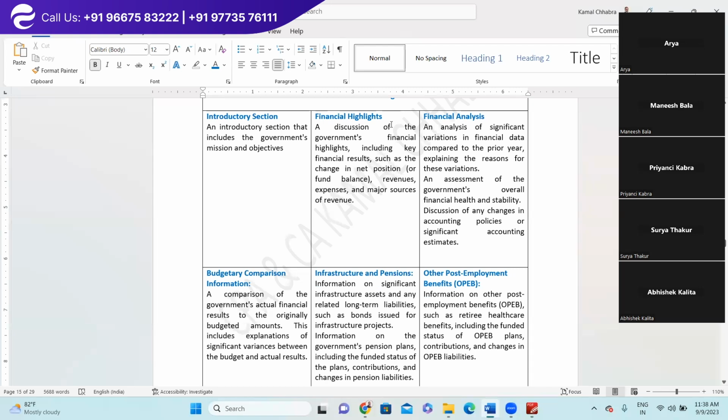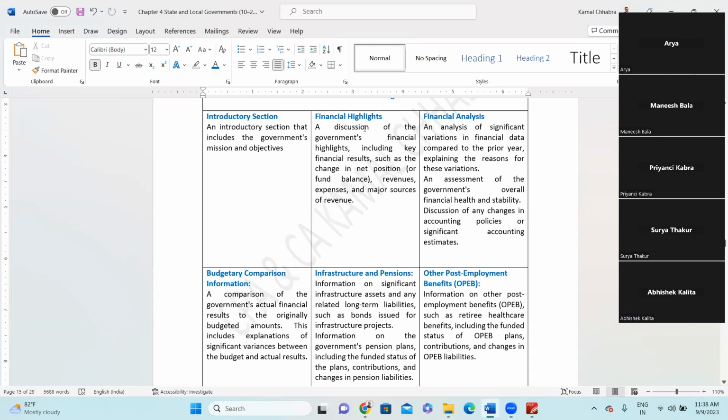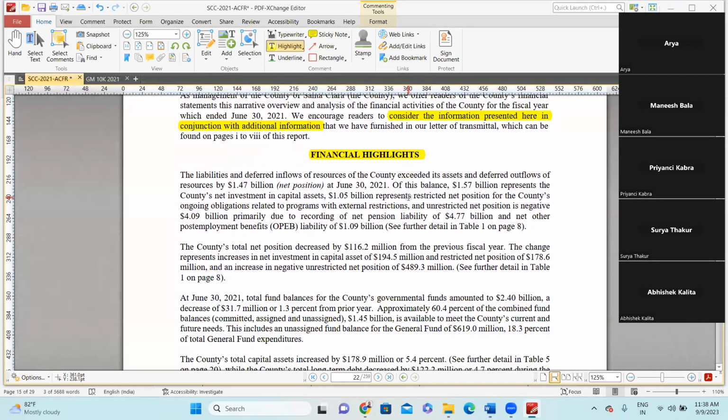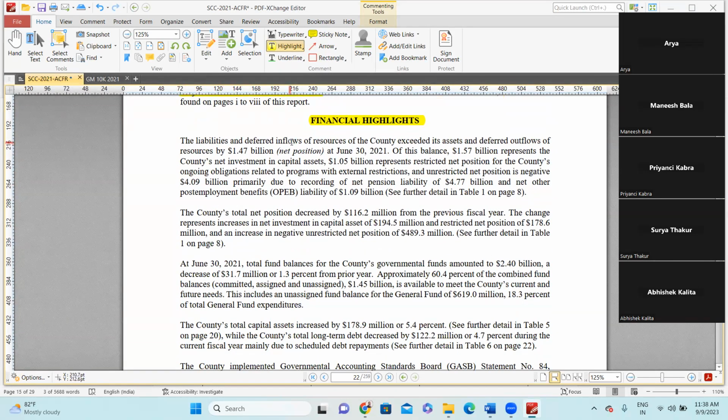Then the second thing, you see the financial highlights. So in financial highlights, a discussion of the government's financial highlights includes key financial results, right? Such as change in net position, revenue, expense, and major sources of revenue. If you see in financial highlights, they might have shown that the liabilities and deferred inflow of resources exceed this amount, right? So they have discussed liabilities and deferred inflow of resources. Then the total net position.